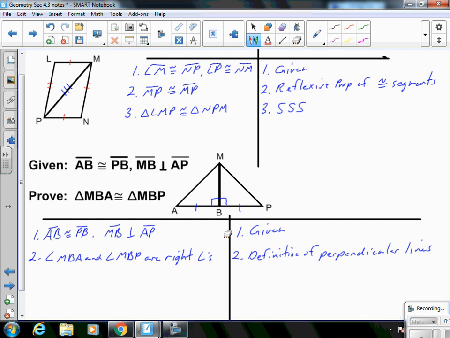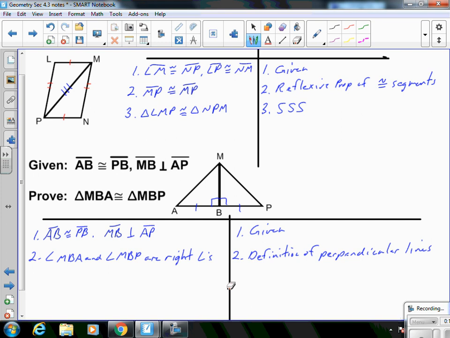Right, so now since these two angles are right angles, what do we know about all right angles? All right angles are congruent to each other, right? Which should make sense because all right angles are 90 degrees. So they all have the same measure.